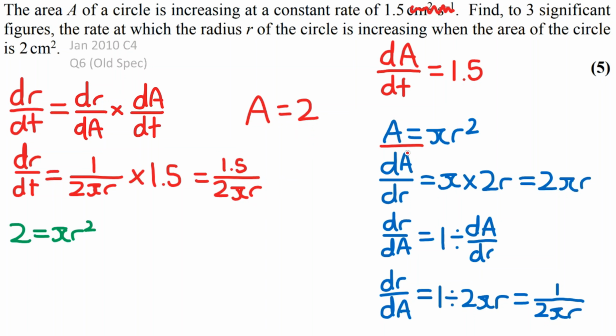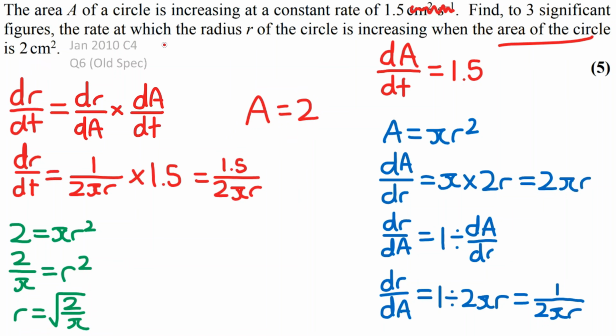So sub A as 2, which is what I've done here, then divide both sides by pi, so 2 over pi is equal to r squared. So r is equal to the square root of 2 over pi. So this is r when the area of the circle is 2 centimeters squared.